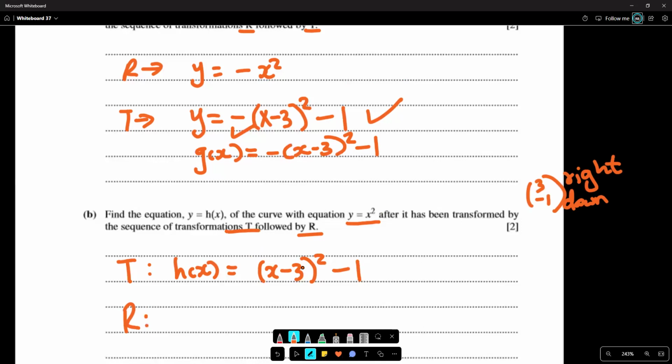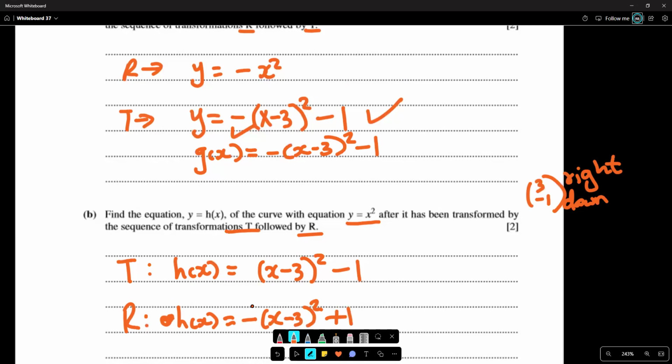So we switch the signs on each term. R is negative h of x, basically. Which becomes, we can take this negative that side. So basically we have h of x is negative x minus 3 squared plus 1.